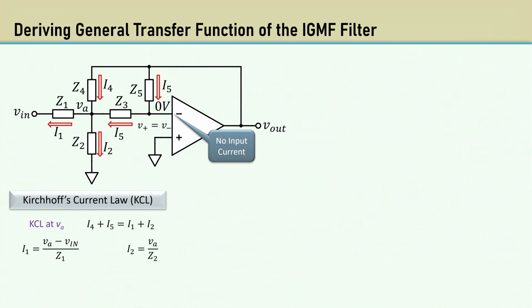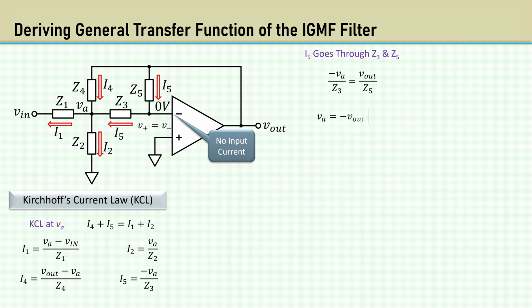I4 is the current through Z4, so we can write I4 is V out minus VA over Z4. I5 equals minus VA over Z3. Since I5 goes through Z3 and Z5, we can state that minus VA over Z3 equals V out over Z5, then rearrange to solve for VA.